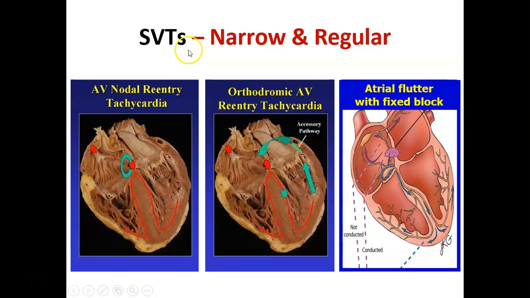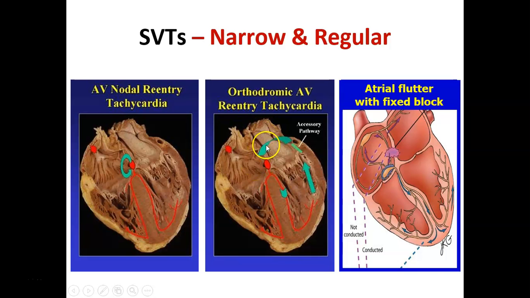First, we will talk about the narrow and regular supraventricular tachycardias, and three main mechanisms are involved. The one is atrioventricular nodal reentrant tachycardia. Here, the impulse originates from the atria and then it moves around the AV node. That's why it's called atrioventricular nodal reentrant tachycardia. The second mechanism is the orthodromic atrioventricular reentrant tachycardia.